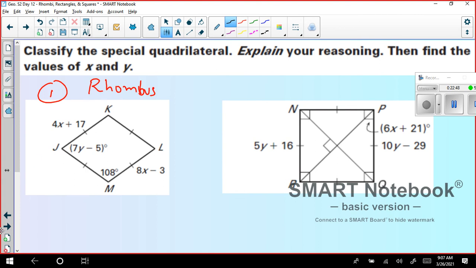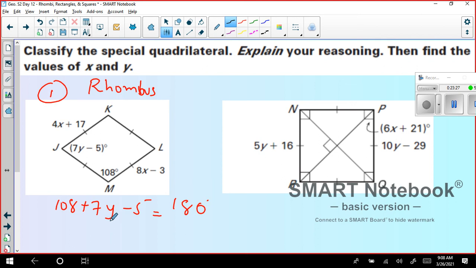And opposite angles will add to 180, so I can say 108 plus 7y minus 5 equals 180 degrees. It's not writing in the place that I intend to write, but I'll simplify this further and I can add 108 minus 5, which gives 103, and subtract 103 from both sides to get 7y equals 77.